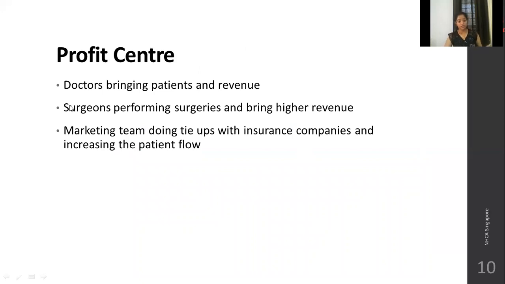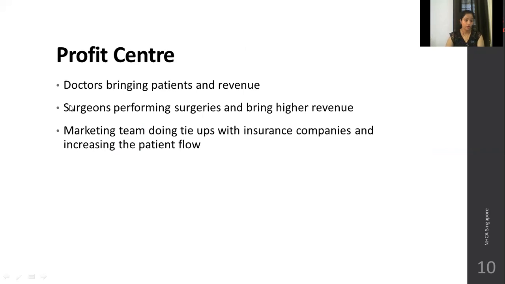Doctors, surgeons, marketing team, these are the profit centers within a hospital. On a standalone basis only, they will bring maximum profit directly to the organization. So those are called the profit centers. These profit centers are responsible for generating their own results and their own earnings. The doctors have their own consulting charges, so it's a direct revenue. Surgeons have their own charges for surgeries.